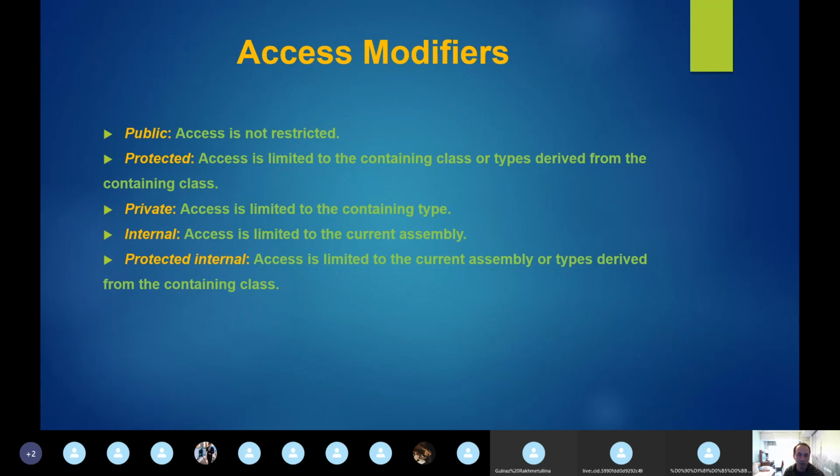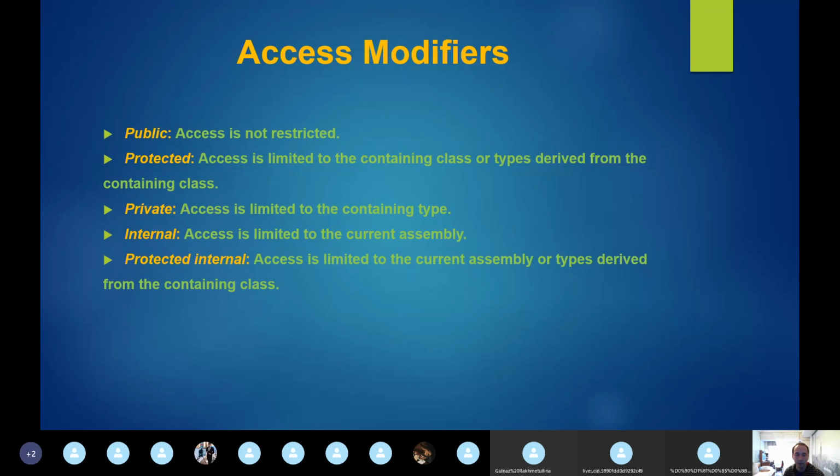These access modifiers are highlighted. Public: access is not restricted. We can get access to the fields or to the methods directly using the object of the class. If it is protected, it means that access is limited to the containing class, and it can be accessed from the derived class.